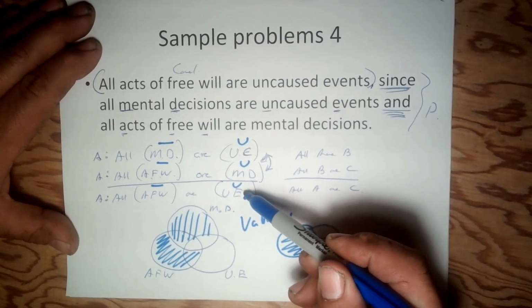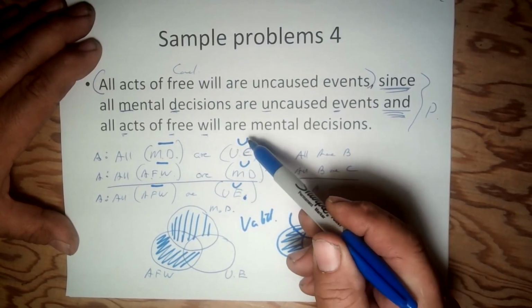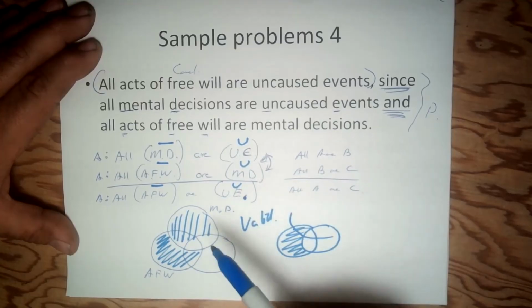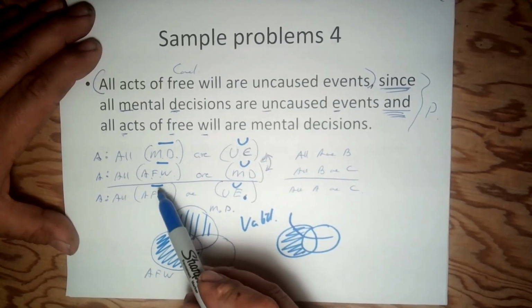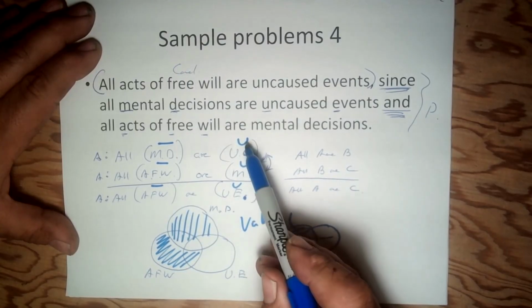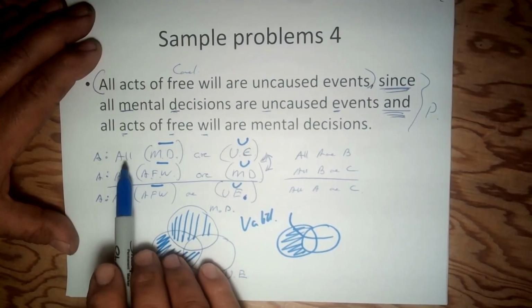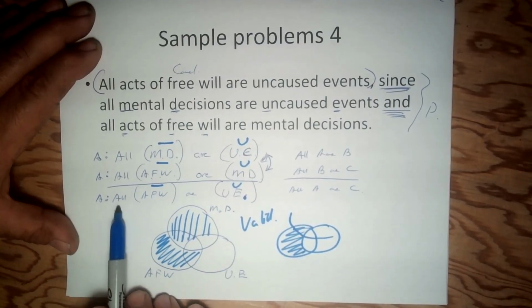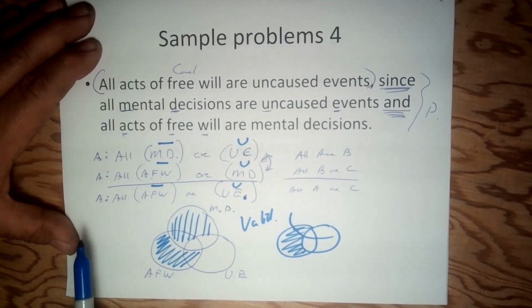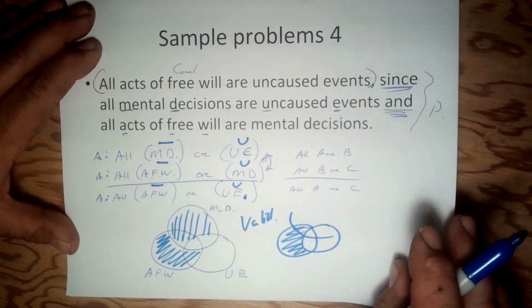If this is undistributed in the conclusion, it could be distributed or undistributed in the premise. Either would have been fine. They don't have to match. It's just if it's distributed here, it must be distributed here. If it's undistributed here, anything goes. Okay. No negative premises, so that's rules 4 and 5, and the conclusion's not particular, so that's rule 6. So that's an easy pass on those rules.